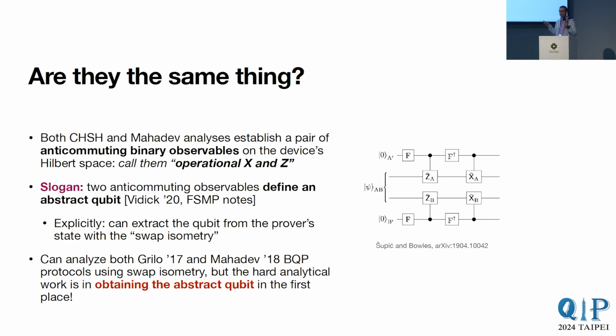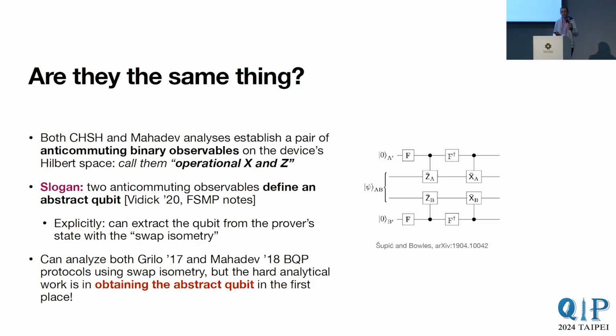Well, the perspective that one can take is that you can define a qubit by a pair of anti-commuting binary observables. This is what we call an abstract qubit. I think this point of view is put forward very clearly in these lecture notes by Thomas Vidick that explain the Mahadev protocol, and I think that's actually not quite how it's stated in the original paper, but this perspective is presented here.